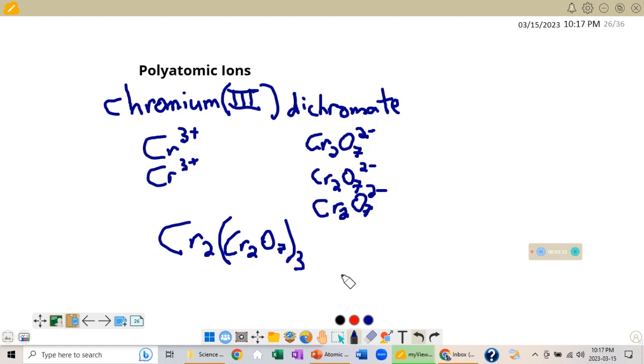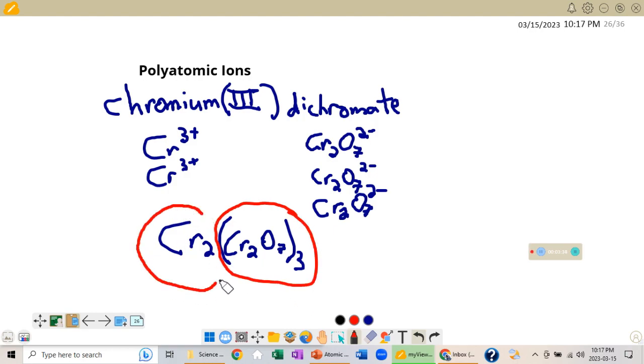And no, you cannot make this Cr4O7 or something like that. This dichromate bit here is the negatively charged ion. This bit over here is the positively charged part.